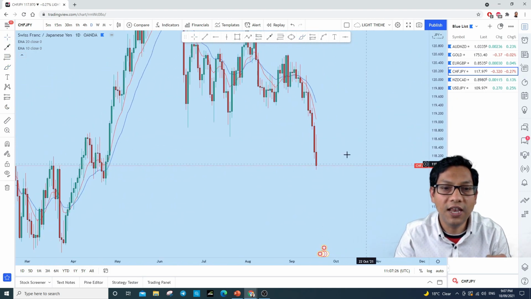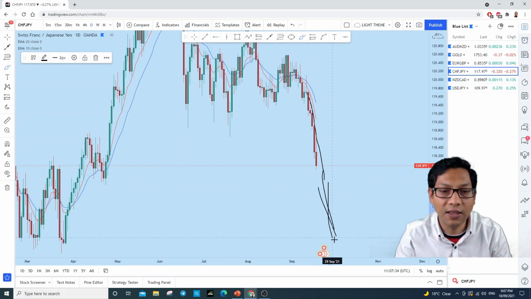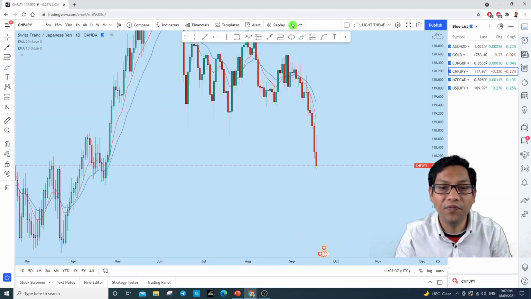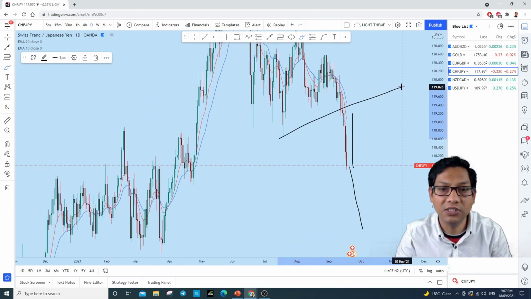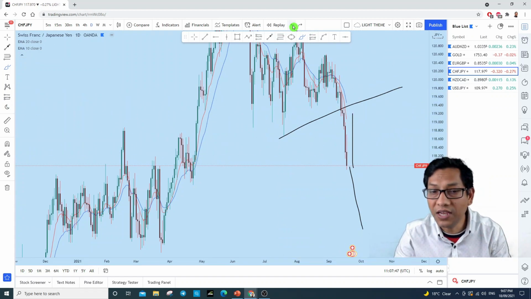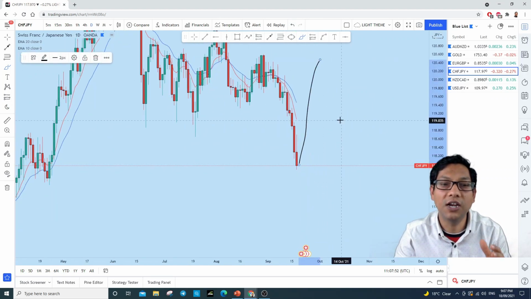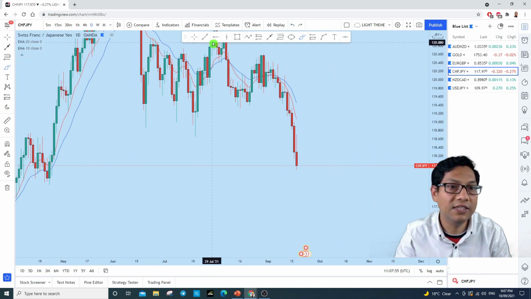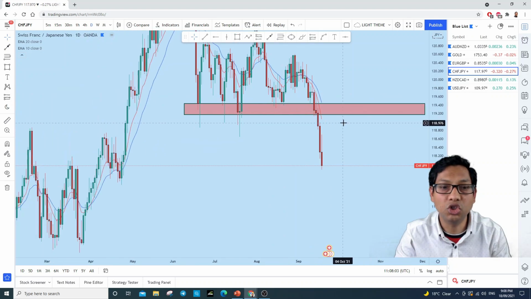Now on the daily as well, what we see is an overextended market without any retracement, and there is nothing at the bottom. So if the price has started to move from here, there will be a big imbalance in this zone. There is no test of this area. So it is highly likely that at the opening of the week, the price will start to move up from here to test this level as resistance, because this is a strong level of support.